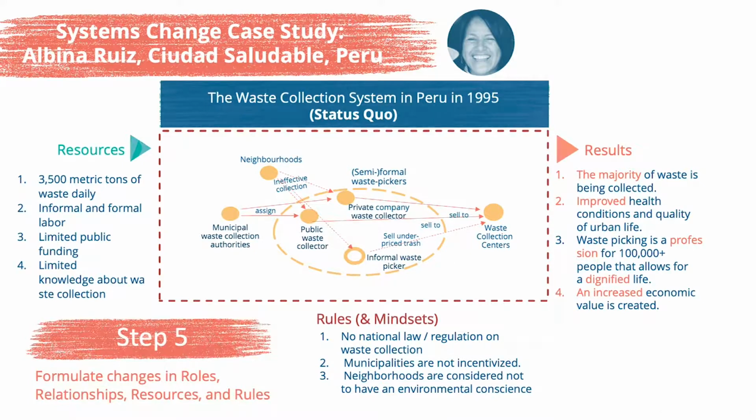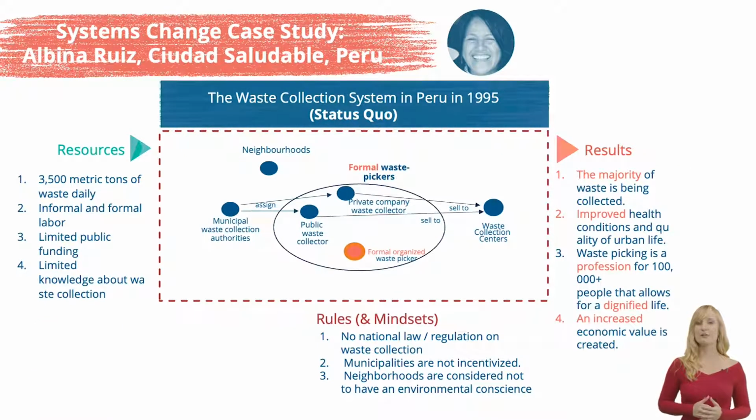In the final 5th step of the 5R framework, we emphasize changes in roles, relationships, resources, and rules. Albina would like to see waste pickers move from being informal and disconnected from the formal waste collection system to become a central role in a new integrated market.